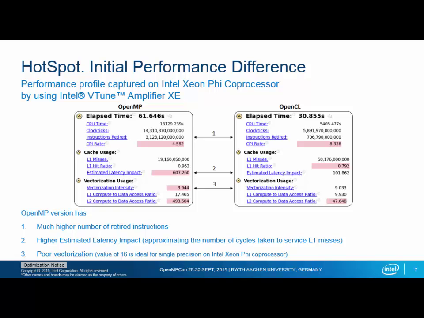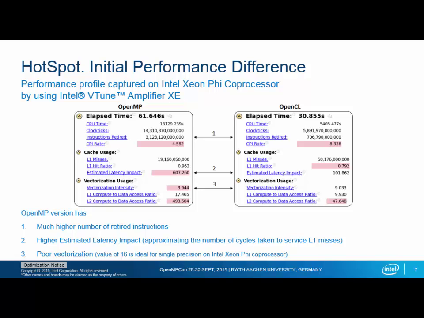The big advantage we had when we started this work is that we were able to compare two implementations and see the differences between OpenMP and OpenCL. According to this view, we identified three factors that introduce the performance gap. The first one is obvious: the OpenMP version retired more instructions than OpenCL.